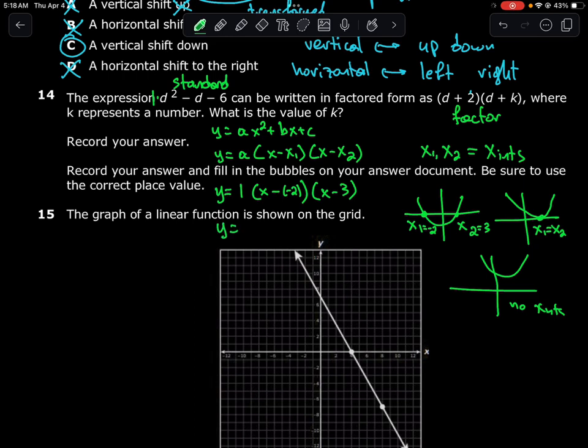Y equals 1 times something doesn't change it, so I'm not going to write the 1. Then I have negative times a negative, which is positive. Then I have the x minus 3. Now this is the factor form. If I compare it with this one, I say that what k has to be is -3. Okay, so this is how we do this one.